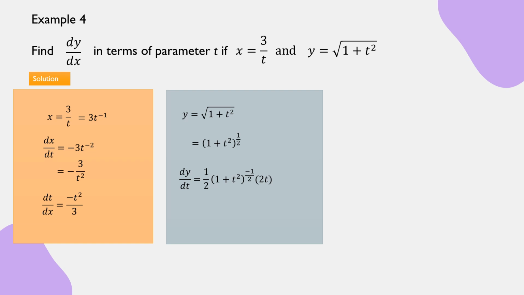And then differentiate 1 plus t squared, we get 2t. So the 2 here we can cancel.